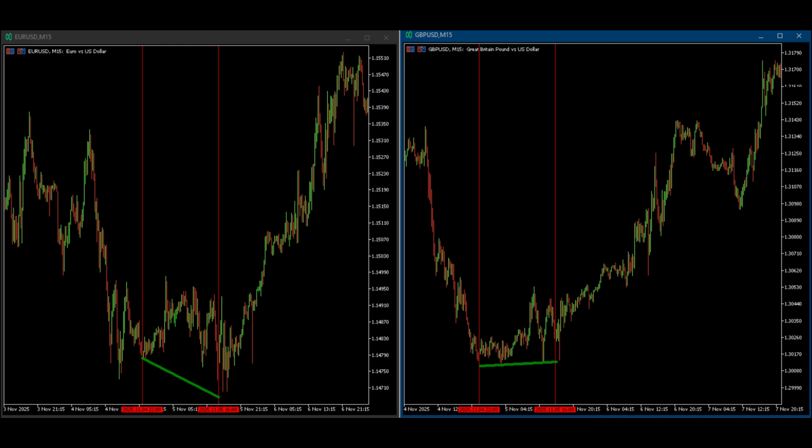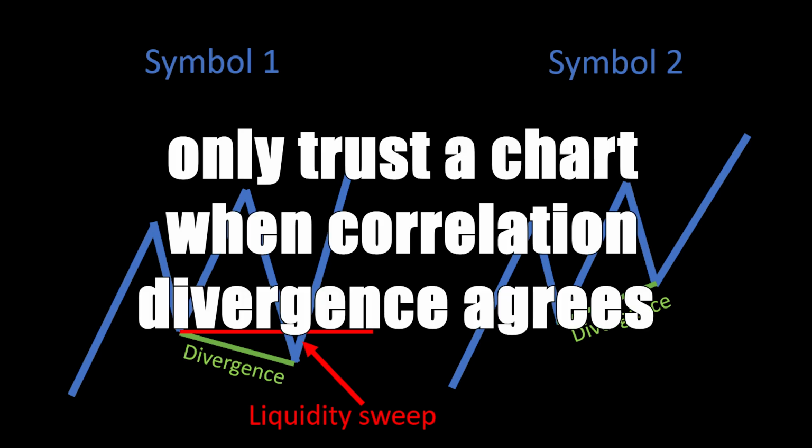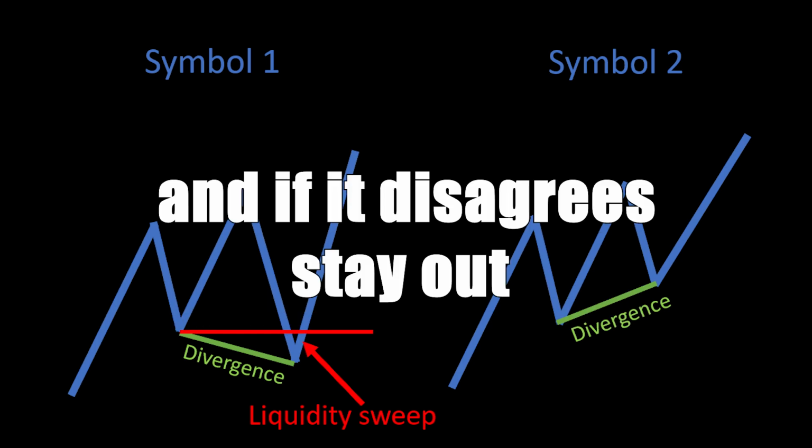If two markets move together 85 to 95% of the time, but suddenly one shows weakness while the other doesn't, it's a sign that big players are manipulating one of them to sweep liquidity. So the rule becomes: only trust divergence when your correlated chart agrees. If the correlated chart disagrees, stay out or look for an entry in the direction of the stronger symbol.